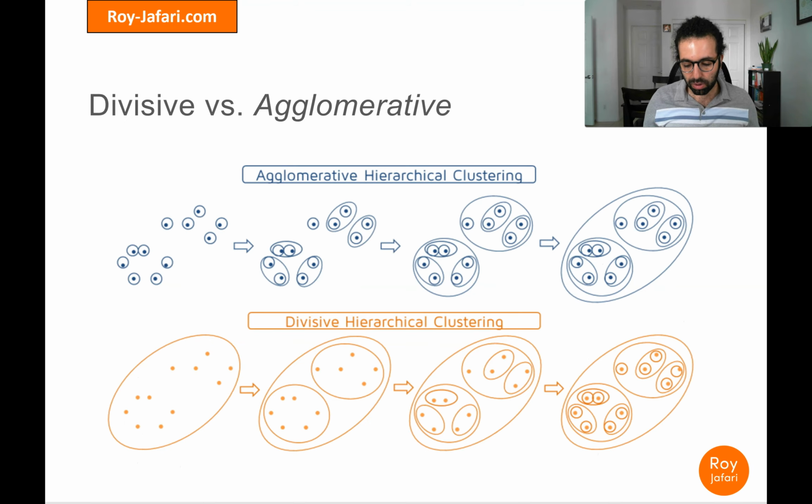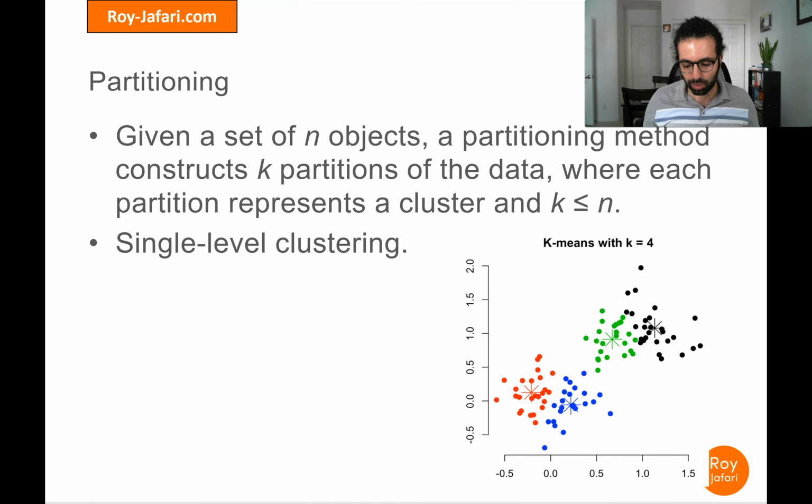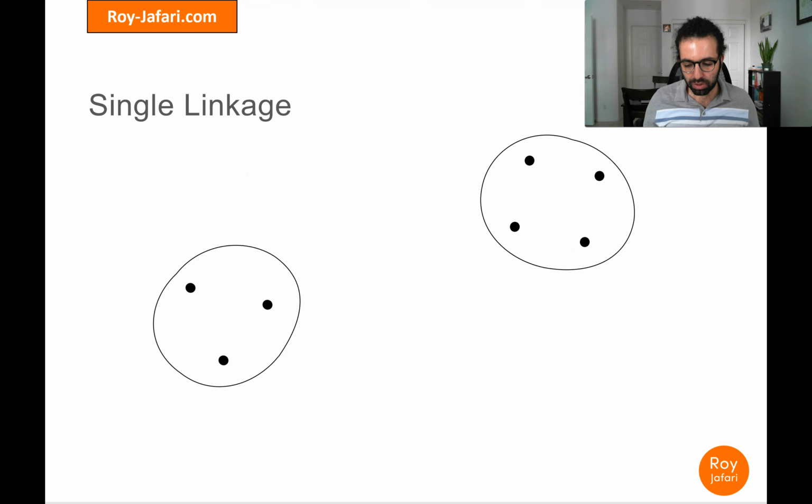So we have to know how we would go about defining this. How do we calculate the distance between two clusters? There are different approaches here, and by changing these approaches, the results will also be very different.